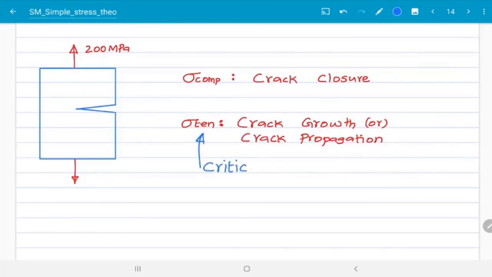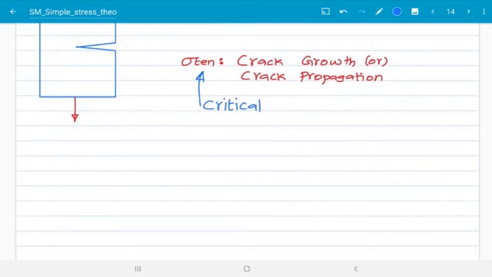Interview question. It was asked of me also in General Electric. I worked in General Electric for 3 years. Not only for me, these questions are frequently asked in industries. The question was like this: sigma is equal to plus 10, minus 100 megapascal.